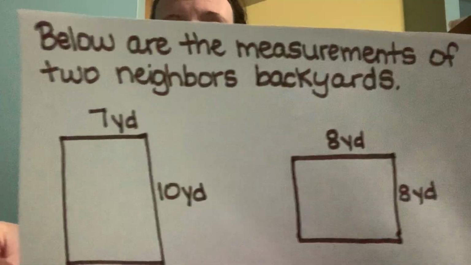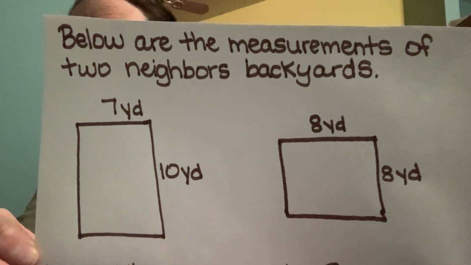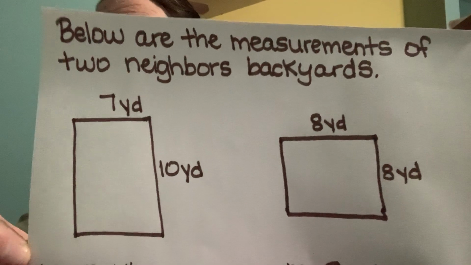So let's start. I wrote up a scenario or a situation, and then we're going to work through some questions that might be tailored to the scenario. So in this question it says, below are the measurements of 2 neighbors' backyards.